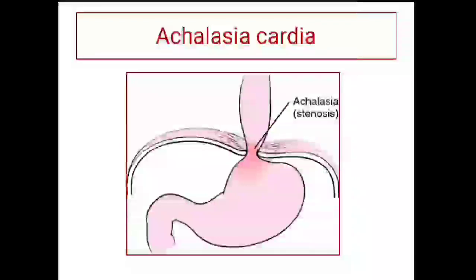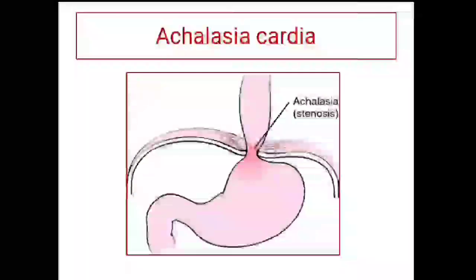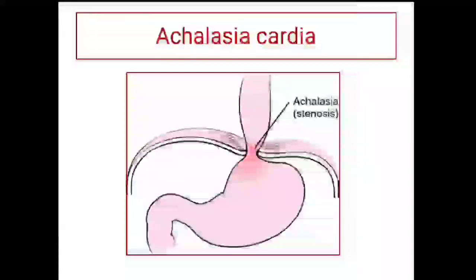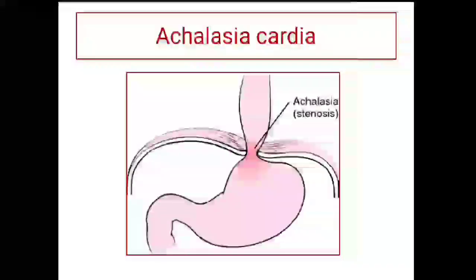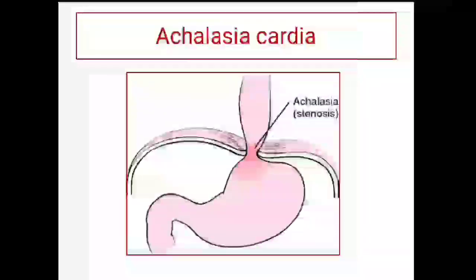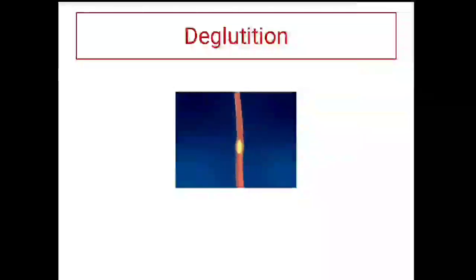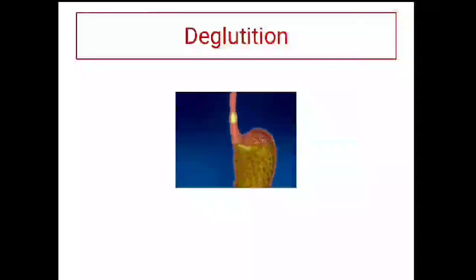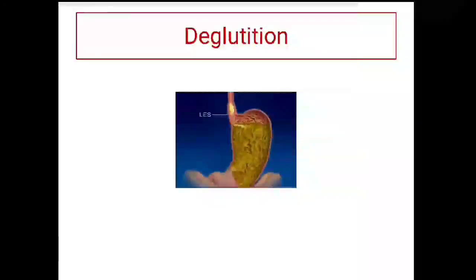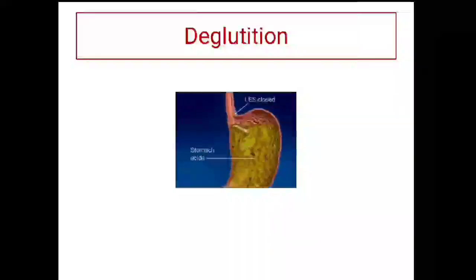Achalasia cardia therefore represents narrowing of the cardiac end of the stomach or the lower esophageal end. This causes difficulty in passage of the food, and therefore it accumulates above the narrowed region, causing a fusiform dilation. To understand why such narrowing occurs, let us first review how the normal deglutition pushes food downwards.